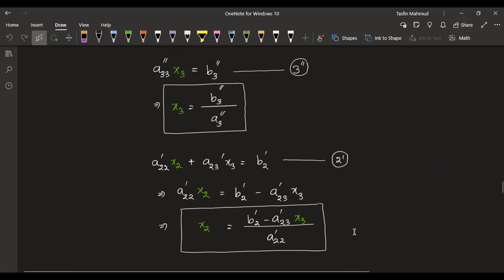Okay, let me stop sharing the screen. Let's open MATLAB once again. Where is the code?